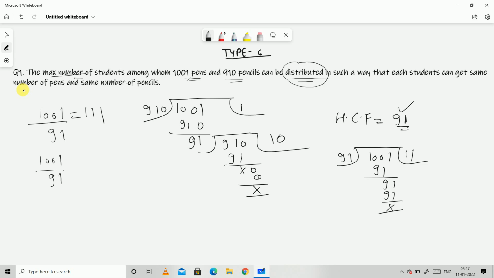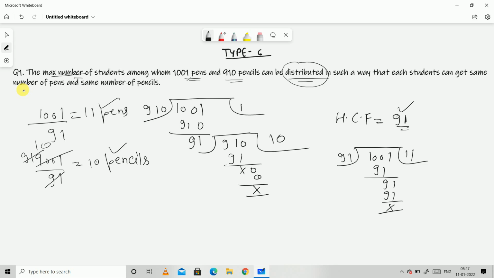So 11 pens. And how many pencils? Sorry, not 1001. Number of pencils is 910. So 91 tens are 910 and 0. So 10 pencils. Okay, so each of these 91 students is going to get 11 pens and 10 pencils.